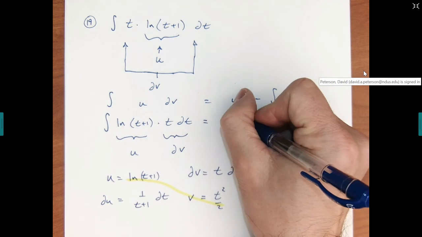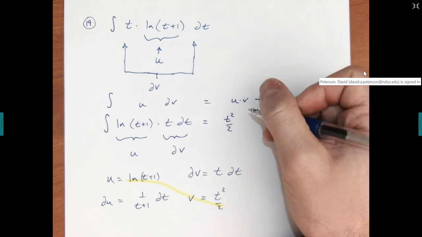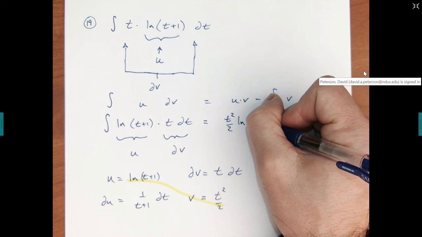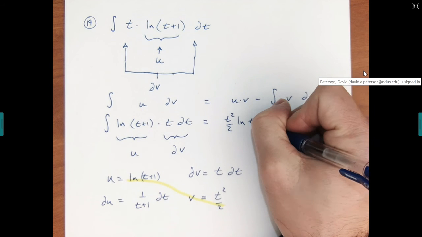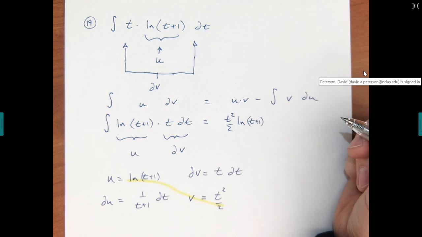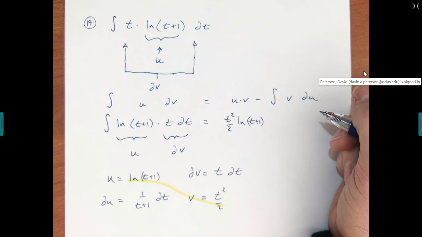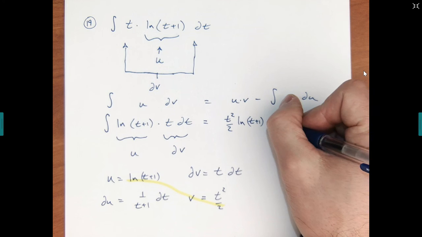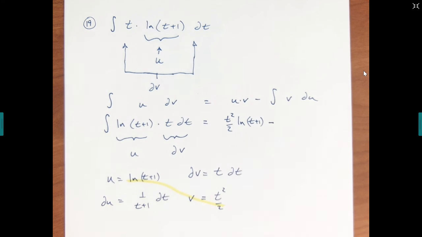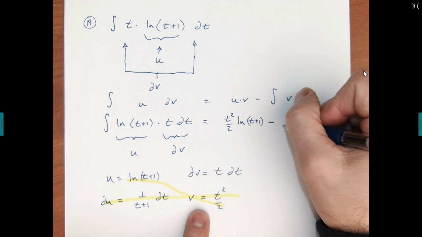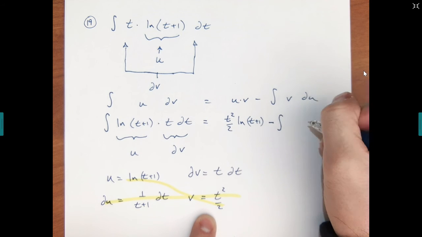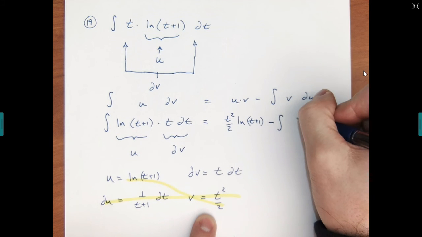uv, got my t squared over 2 times the natural log of the quantity t plus 1. Let's make sure that's in parentheses. Looks pretty good. Liking that. Now, minus, I'll just multiply these two together.